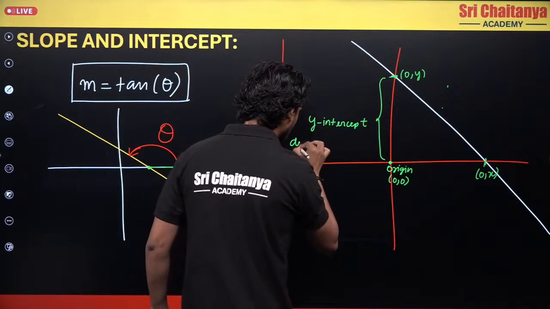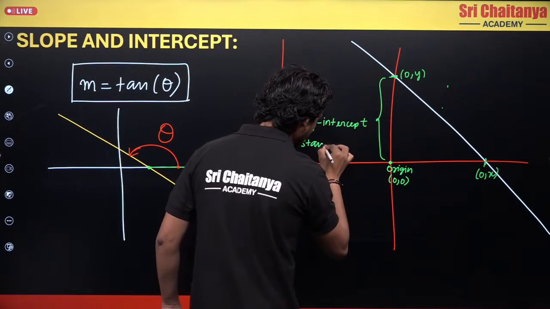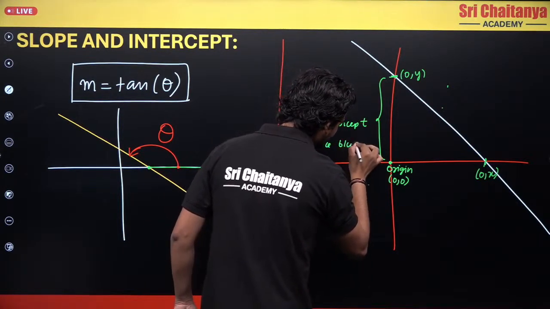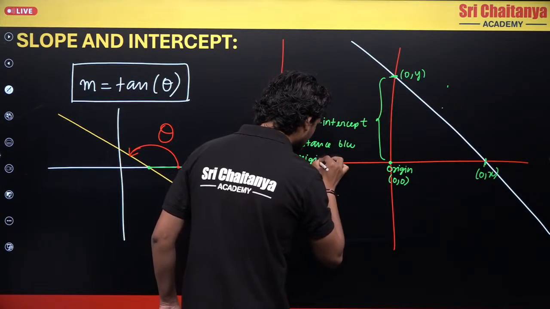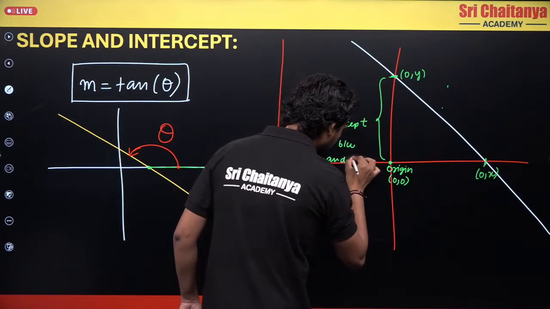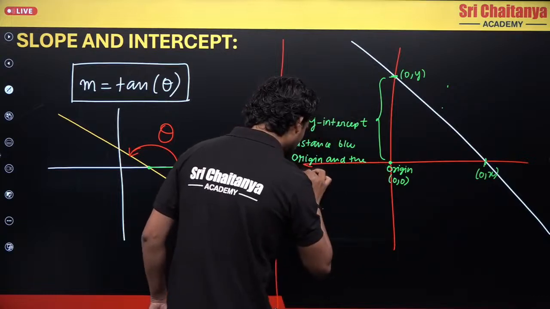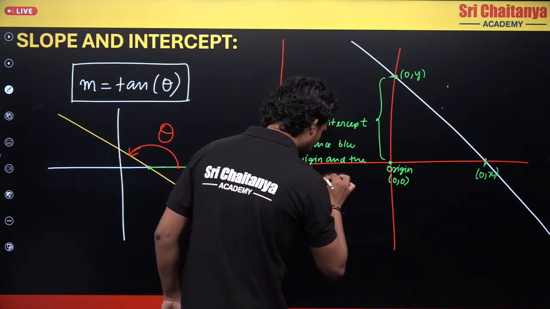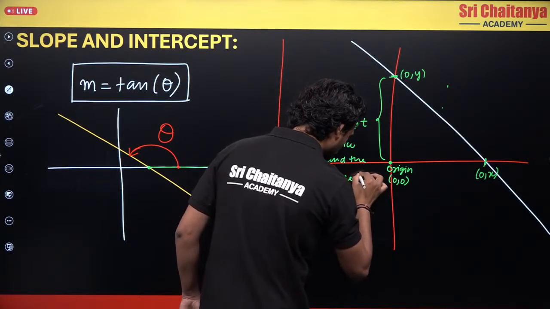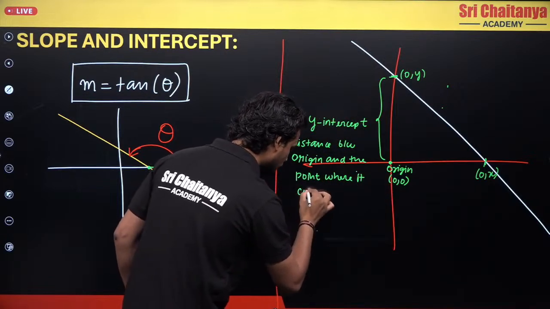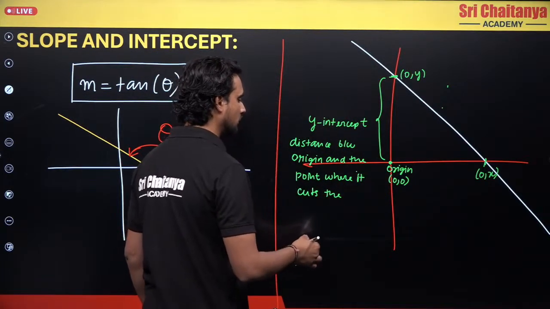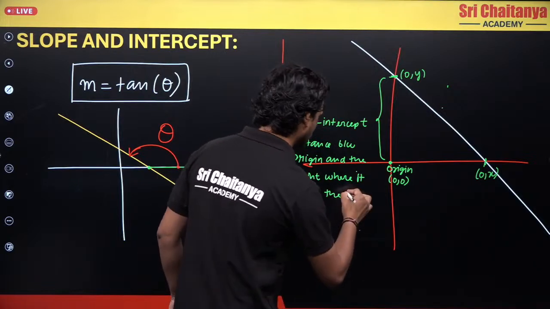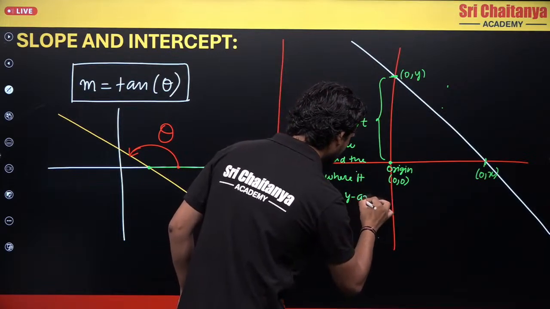Y-intercept is the distance between the origin and the point where it cuts the y-axis.